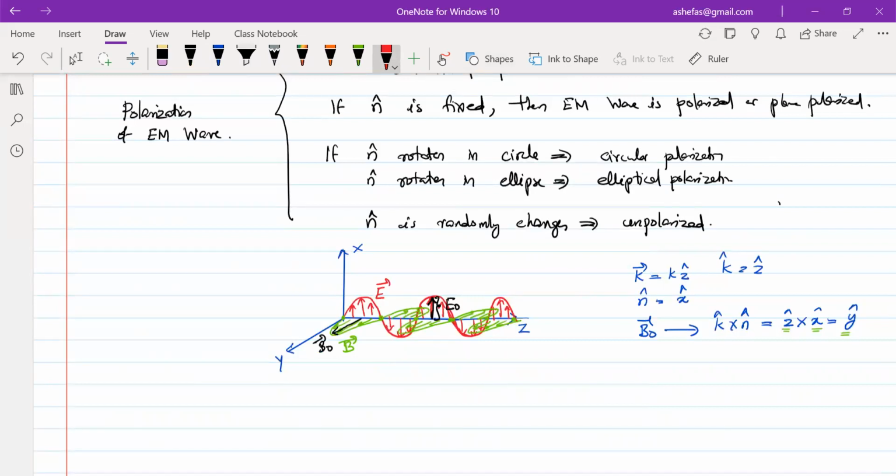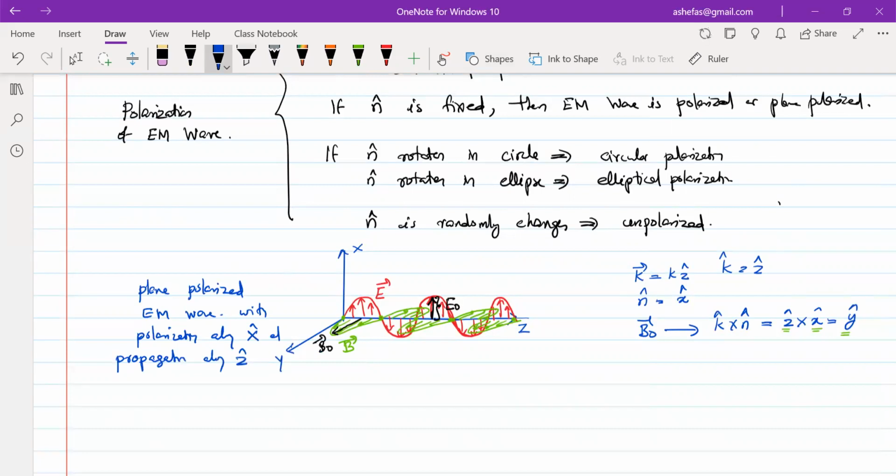So this is a visual representation of a plane polarized electromagnetic wave with polarization along x direction and propagation along z direction. This is for one particular instant.